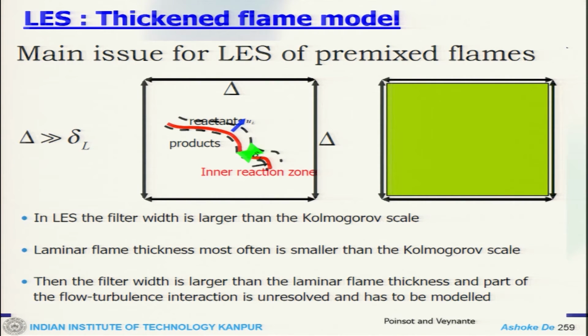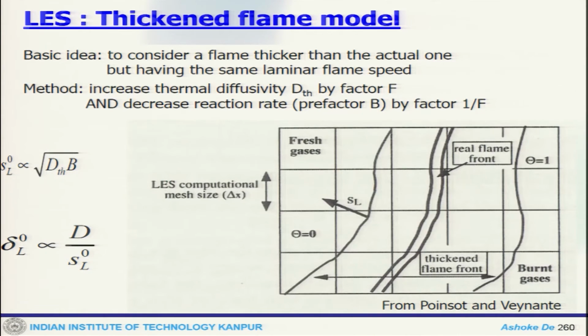Now what happens here, as we have said, the laminar flame thickness, or premix flame thickness, is quite small, and sometimes it is possible that the flame front actually lies within the grid cell. So that means one small computational grid is quite larger than this flame thickness. So then the question is how do we capture this flame front? The idea is that you have a very thin flame front which cannot be resolved on the computational grid.